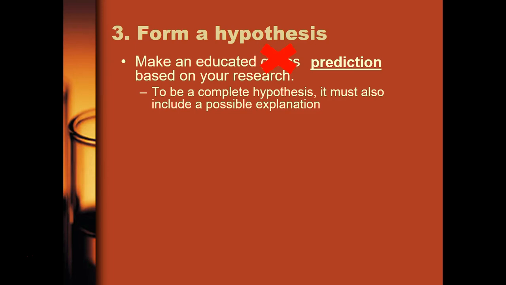So no longer will we use the word educated guess. If I see it on a test, I see it in an answer, I promise you I will take points off. Tell me that it's an educated prediction because you've done some background research already.